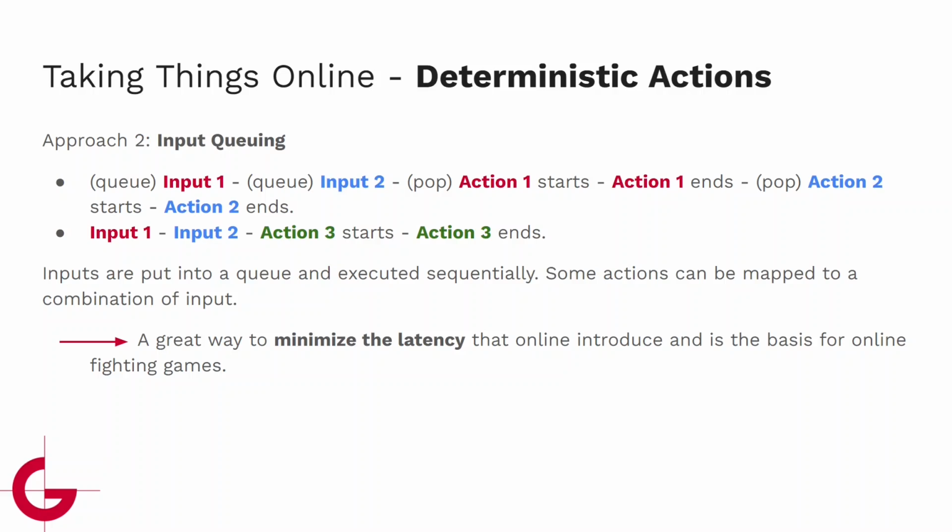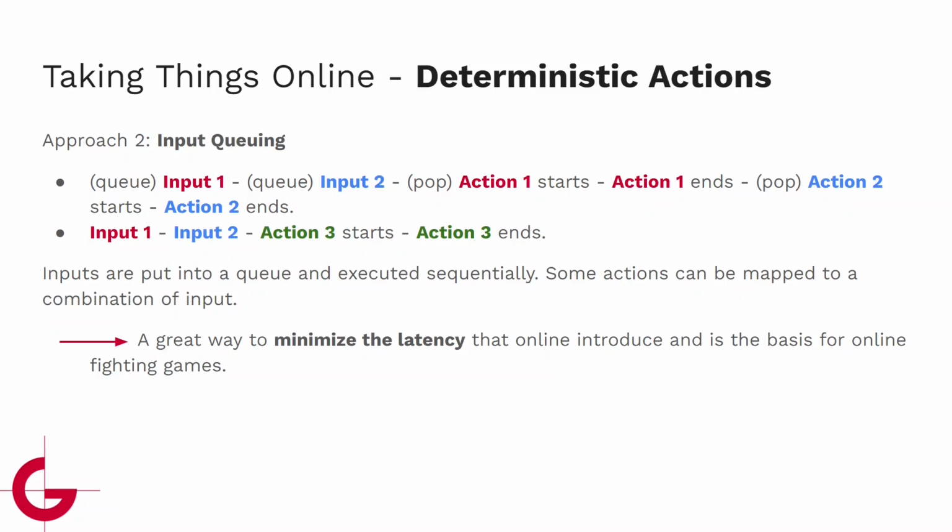So basically, say you want to perform action one and action two sequentially, one after another, you can press input one and then immediately press input two, and the game will read both of those inputs, and it doesn't matter if action one has ended or not, it will execute action two right after that.